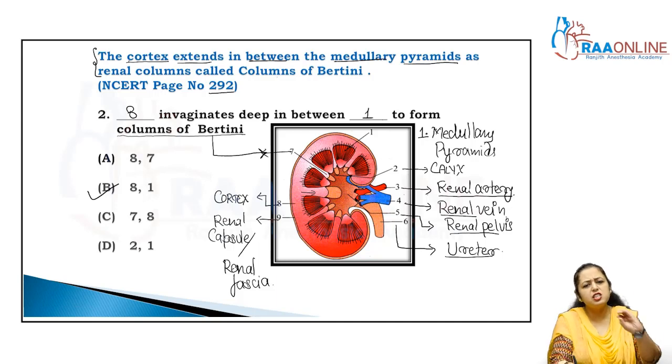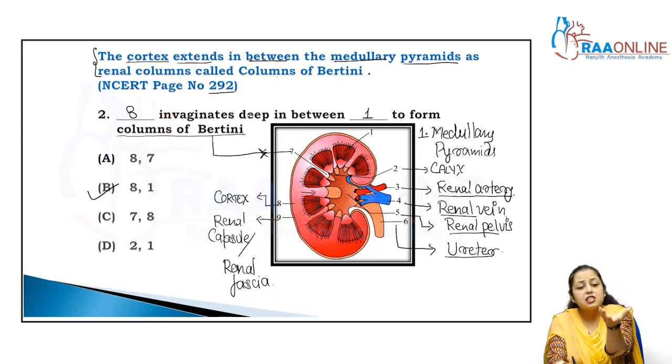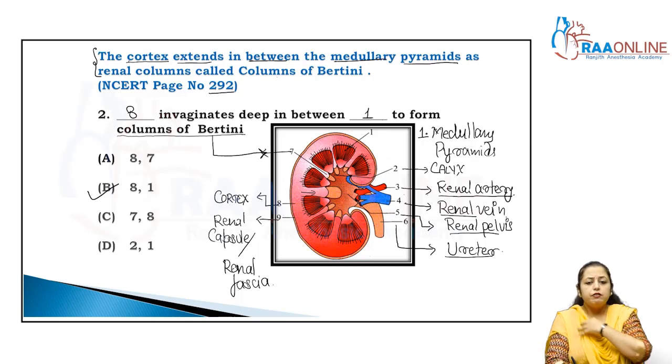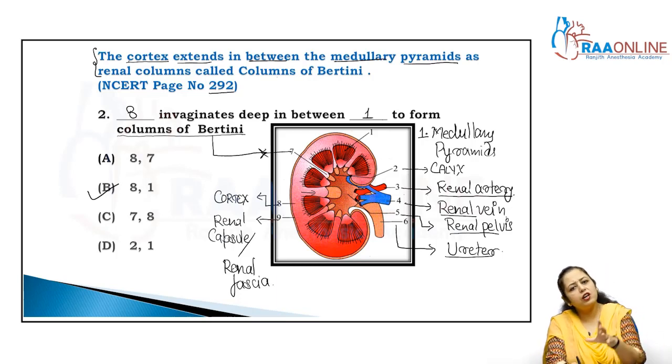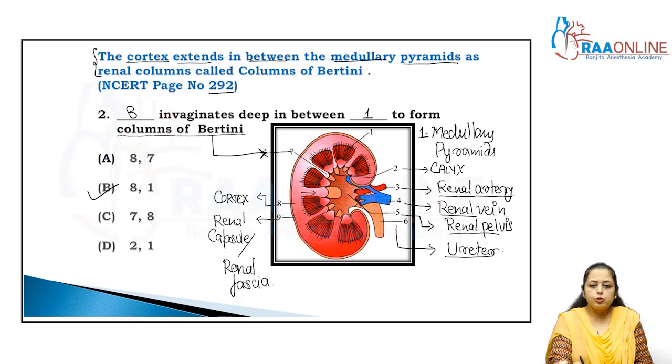And with just a modification in some words, we can frame that question, in which we say that dash invaginates or extends, both represent the same thing, right? So here in that particular question, they represent the same thing.